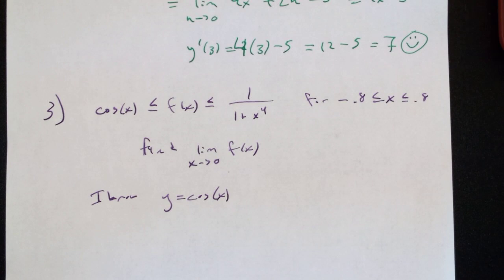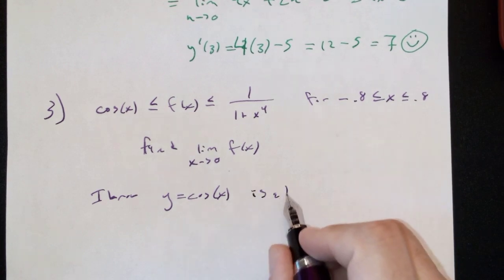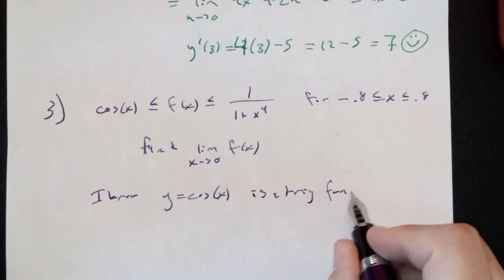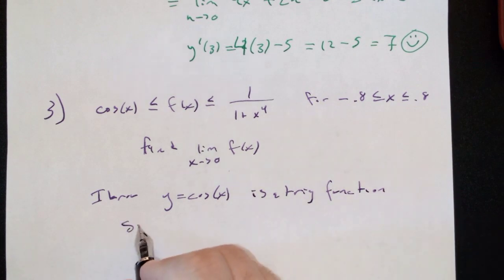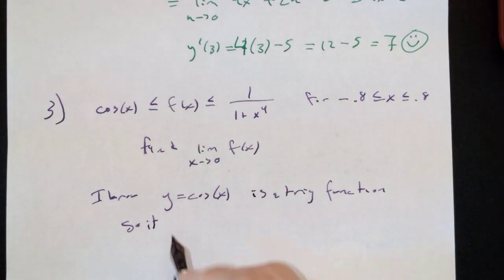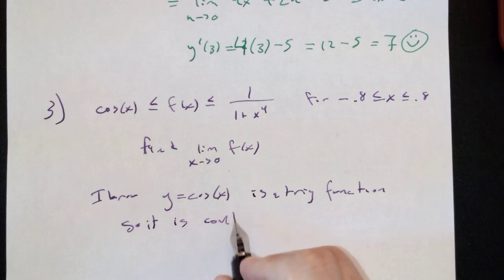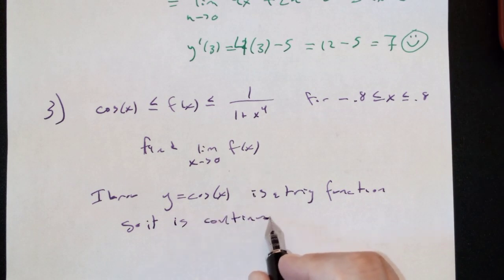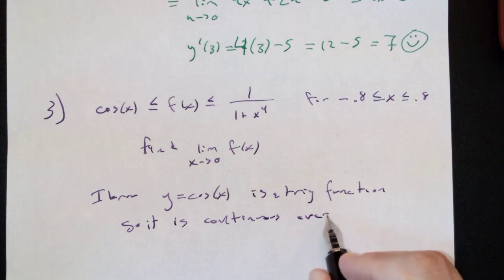And trig functions are continuous wherever they are defined. And this function is defined everywhere because it keeps wiggling back and forth. This one is good everywhere. That means it's definitely continuous in the interval we want it to be continuous in.